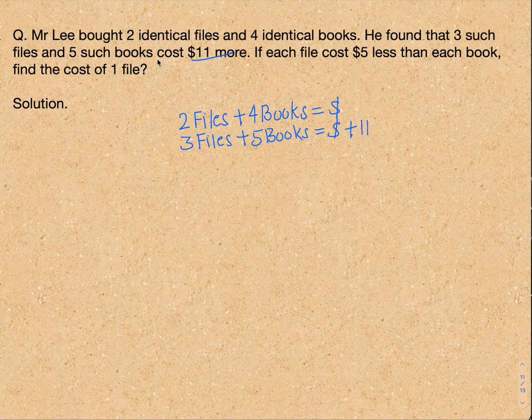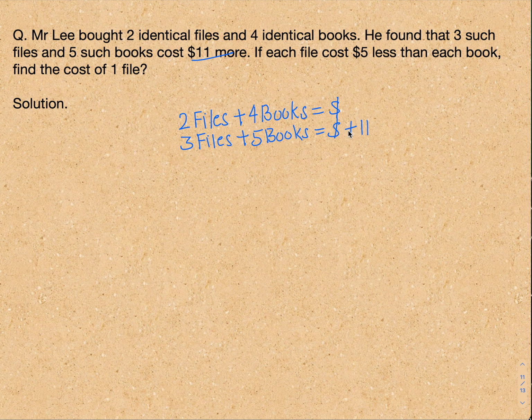Because it said here that he found that 3 such files and 5 such books cost $11 more. So whatever he paid for 2 files and 4 books, he has to pay $11 more if he buys 3 files and 5 books.